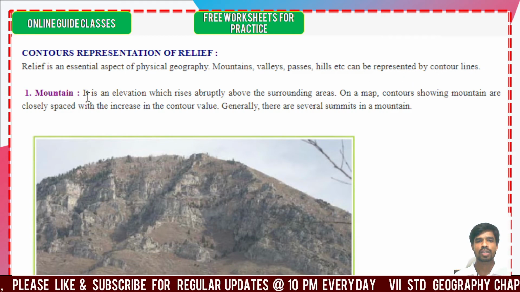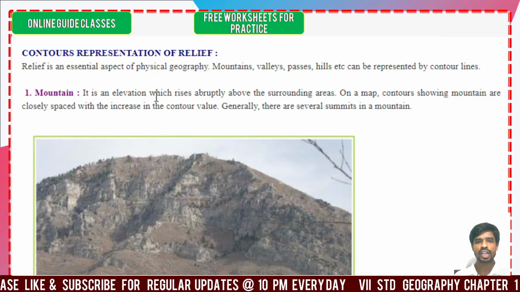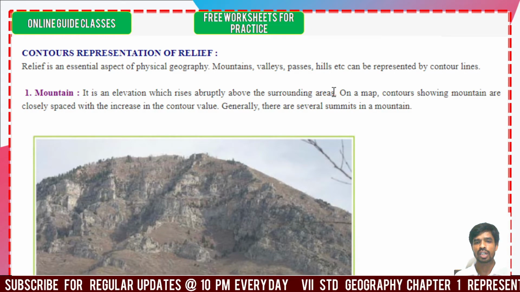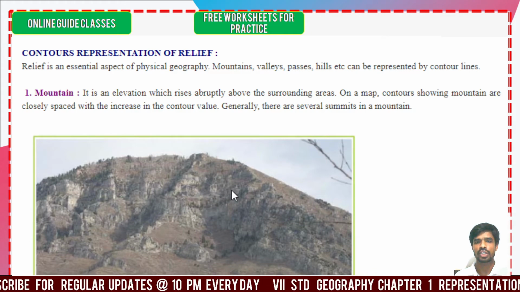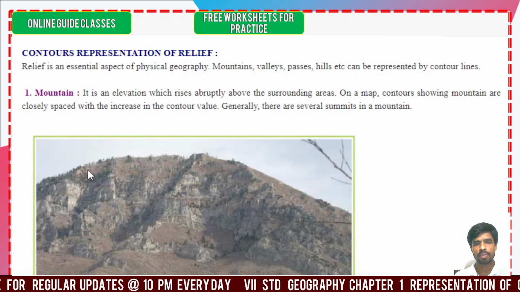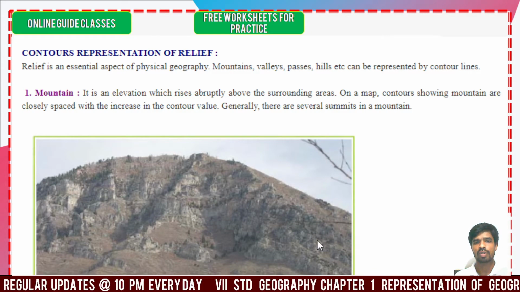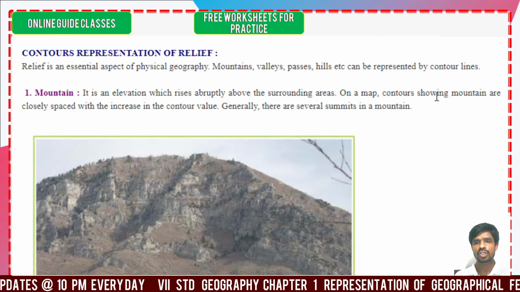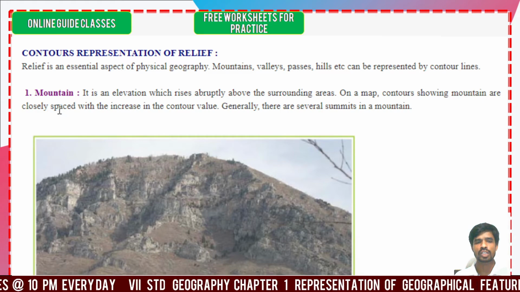The first one is mountain. It is an elevation which rises abruptly above the surrounding areas. Hope you all can see the image. On a map, contours showing mountains are closely spaced.